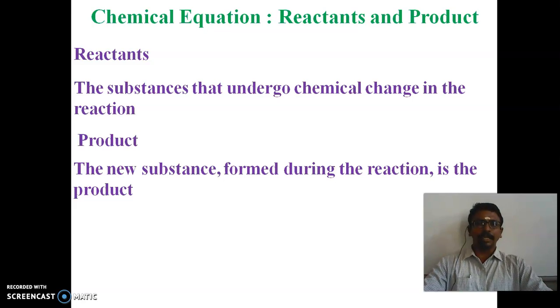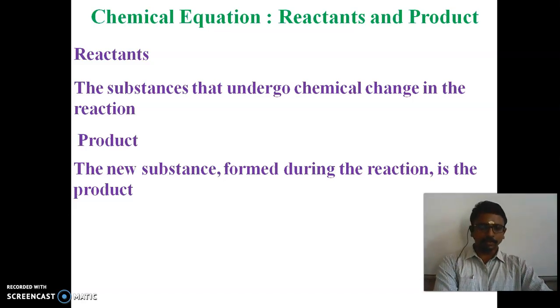And the product is the new substance formed during the reaction.